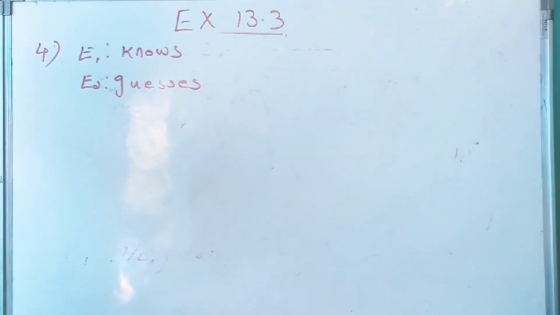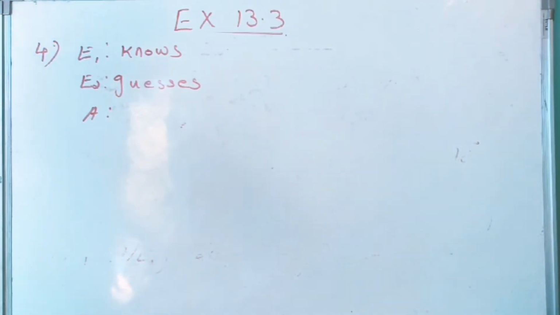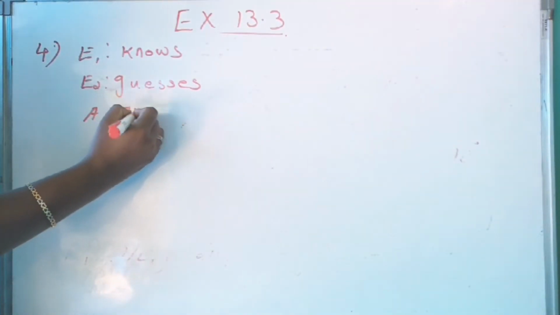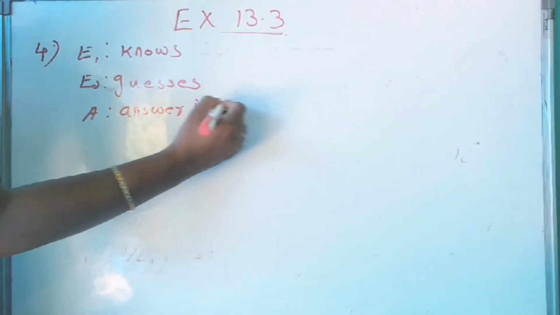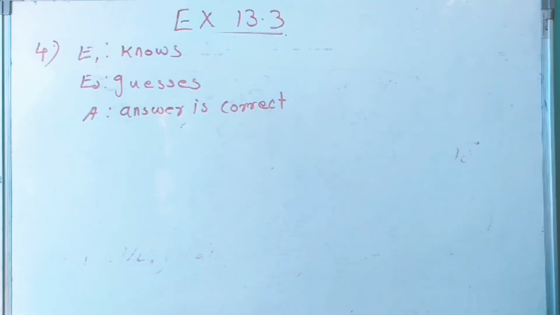Now, we need to find the probability that the student knows the answer given that he answered it correctly. So, let A be the event that the answer is correct.